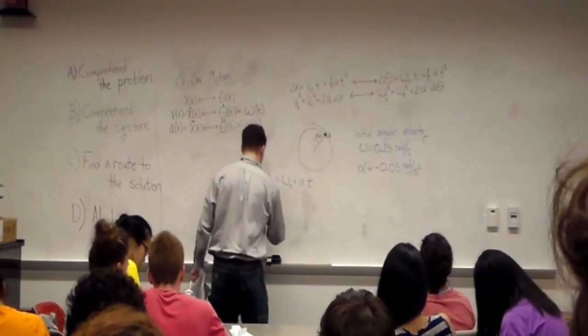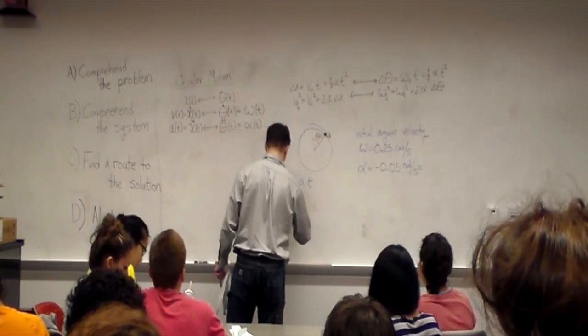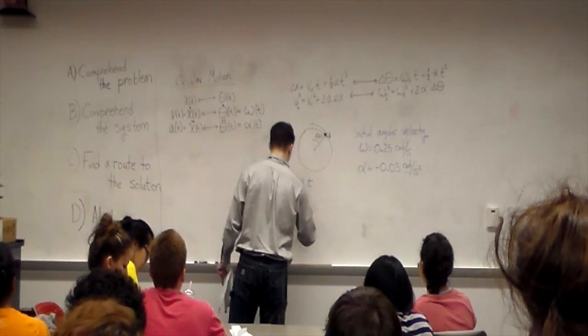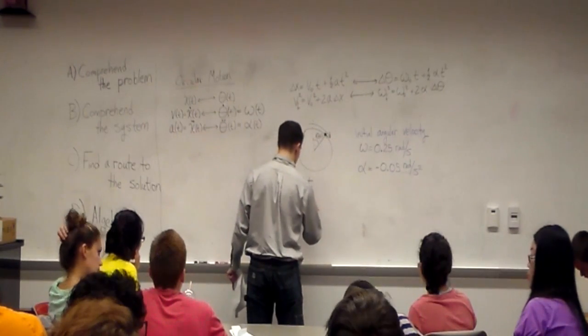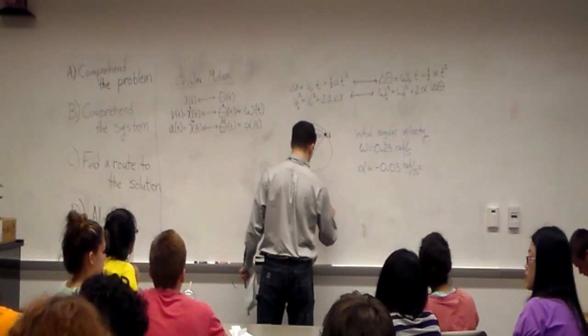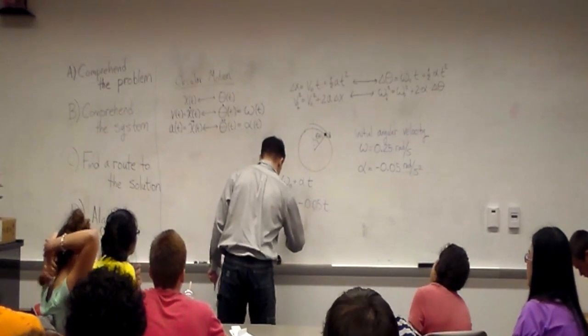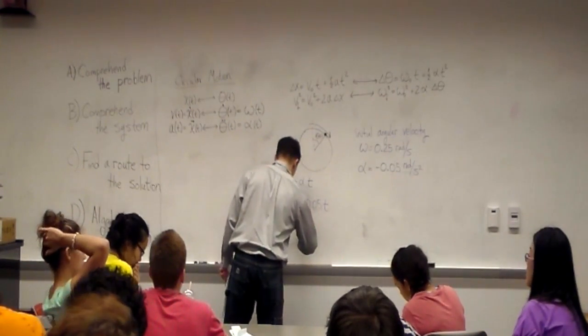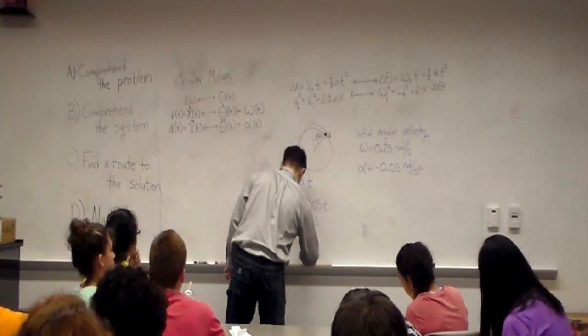But omega final is equal to 0 because it's stopped. Omega naught is 0.25 plus, this is actually minus because alpha is negative, minus 0.05 times t. And so solving, 0.05t is equal to 0.25, and t is equal to 5 seconds.